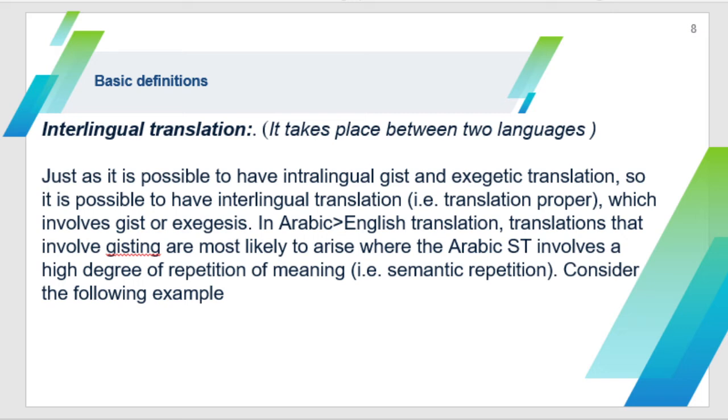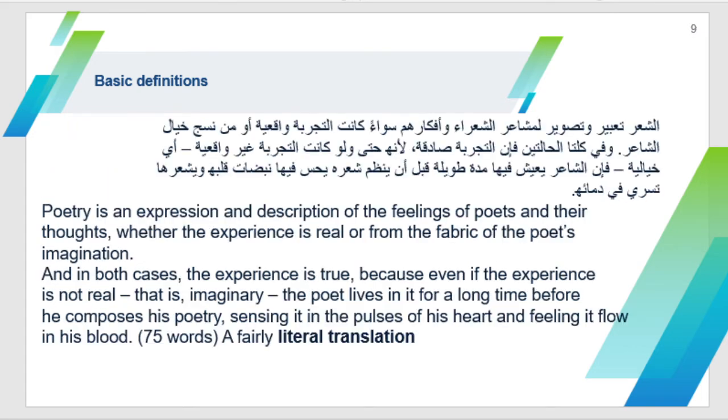Consider the following example. When in Arabic we have a lot of repetition, like in this example: الشعر تعبير وتصوير لمشاعر الشعراء وأفكارهم، سواء كانت التجربة واقعية أو من نسج الخيال الشاعر. Here we have the literal translation, which is almost 75 words.